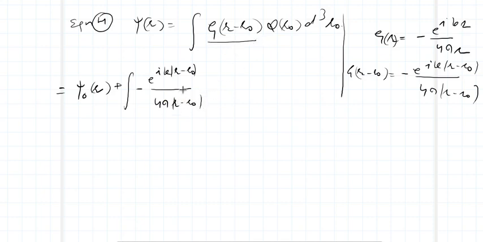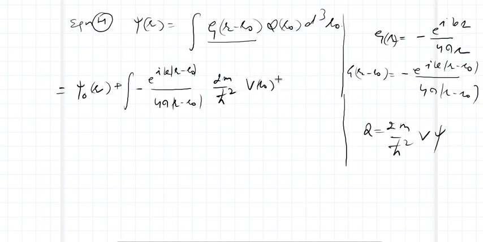We have also defined Q in the beginning as 2m over h cross square V psi. So at r naught I can define it as 2m over h cross square V(r naught) psi(r naught), and this d cube r naught as it is.